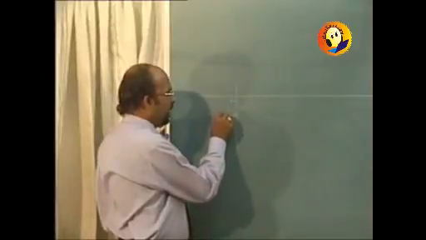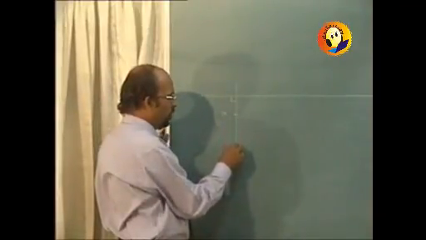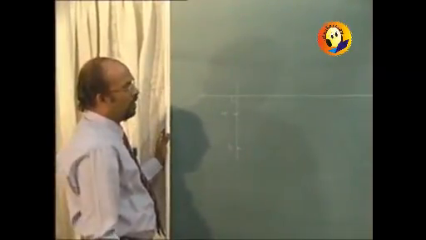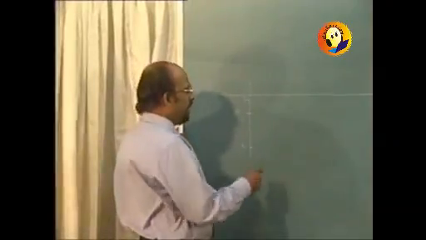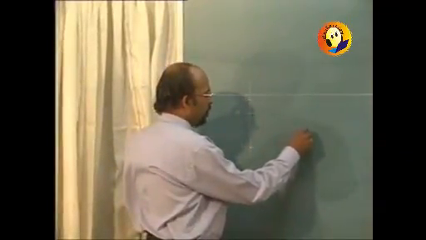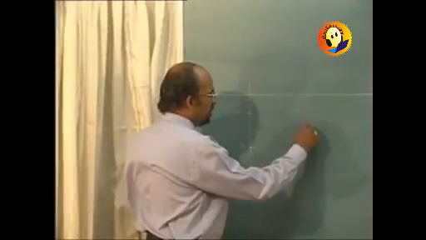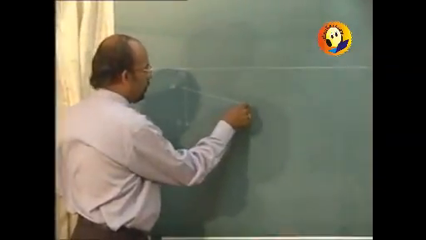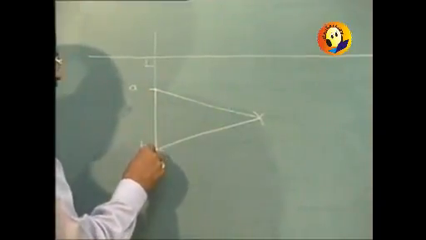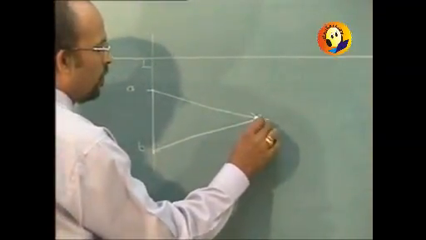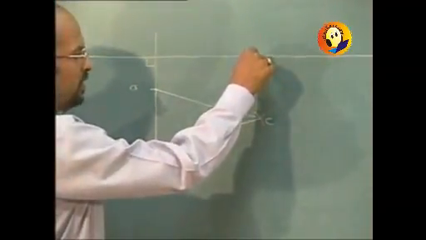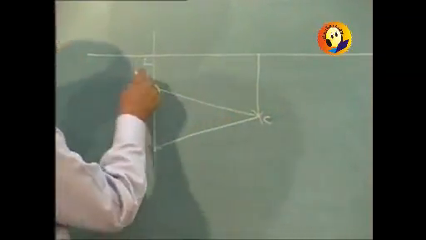We will mark point A, measure distance equal to 40 and mark point B. As BC and AC are of the same length, we can cut two arcs of length 70 each and obtain the actual shape of that lamina ABC, and it is kept in HP, and that's why the elevation or the front view will be on XY.